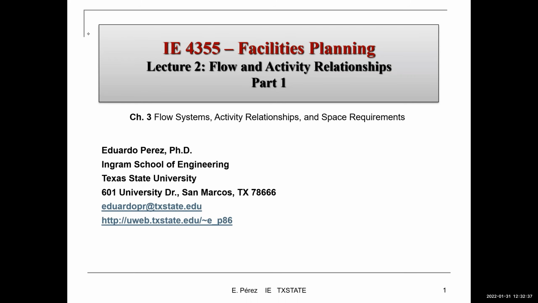So today we're gonna transition to our second lecture, which is titled Flow and Activity Relationships. We're gonna study the different types of flow that you are gonna encounter inside a facility, not only inside the facility, but also how the inputs and outputs from outside the facility affect the processes happening inside the facility.